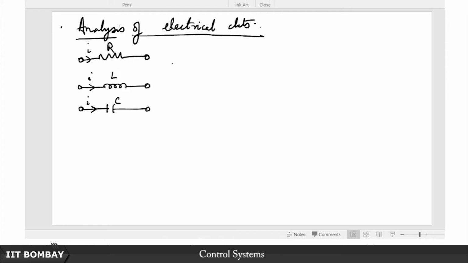Now what is the current voltage relationship here? We know that V is equal to I times R. Here we know that V is equal to L di dt, right. And here we know that V is equal to Q by C, where Q is the charge, which is nothing but integration I dt from 0 to t 1 over C, right.